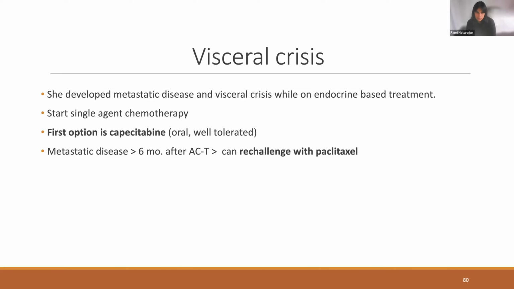One of the advantages of capecitabine is it's oral, it's well tolerated. You might get a quicker response with taxane. So either of these two options are reasonable. It would not be reasonable for her to go back to another endocrine-based therapy like tamoxifen, since given how rapidly she's progressed, we're concerned that she's no longer endocrine sensitive.